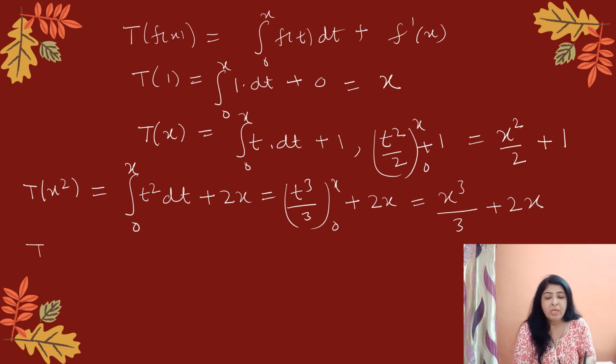Then T of x cube. Okay, up to T of x square we have 1, x, x square, and x cube.